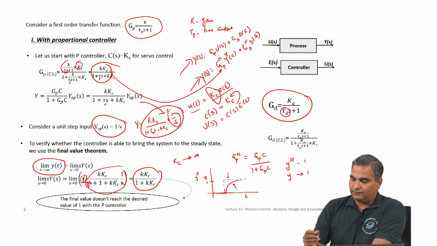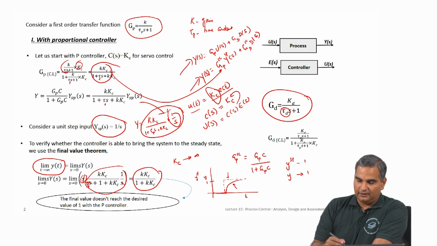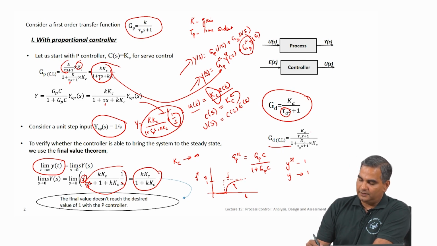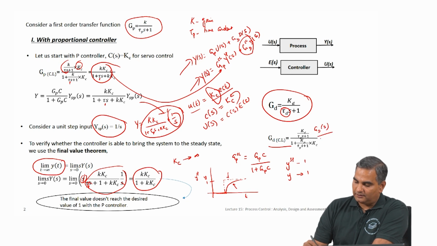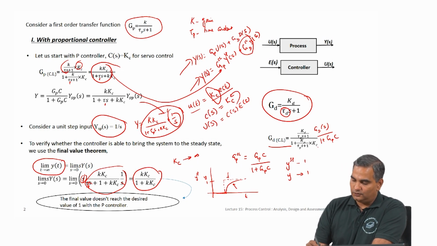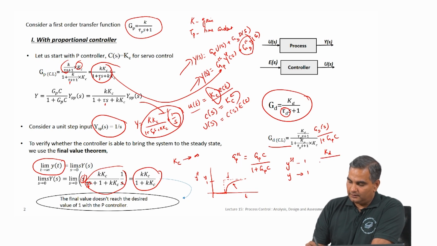Now let us see what happens for the disturbance transfer function. Let us say I had d(s), remember we said the closed loop is G_d times d(s). So the closed loop transfer function for d will be G_d(s) divided by the denominator, which is the same, 1 plus G_p G_c. If you simplify this, you will get the following: K_d divided by tau_p s plus 1, okay, so K_d.